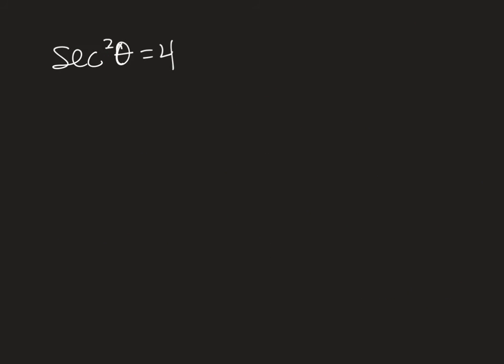All right, secant squared theta equals 4. This one's nice because notice your theta is just a plain old single theta. You don't have to worry about doing U substitution, finding your angles, and then solving little mini equations within the problem. So what you're going to do here is take your square root.